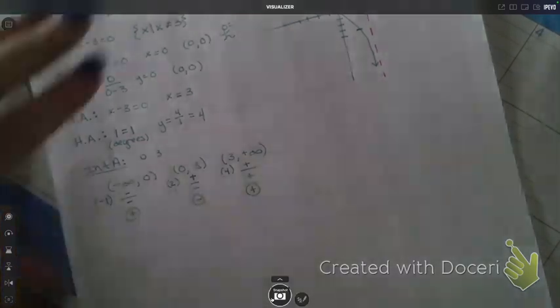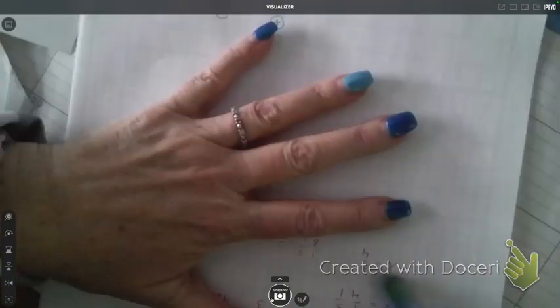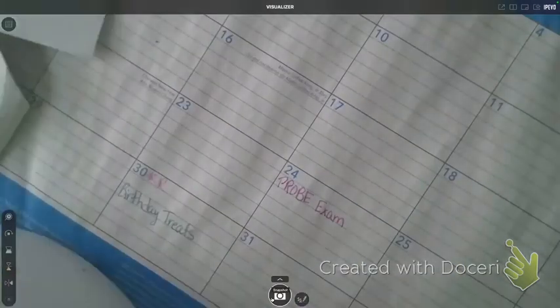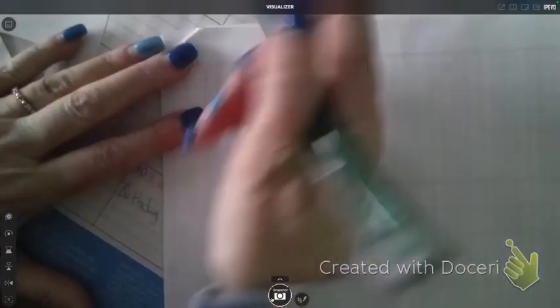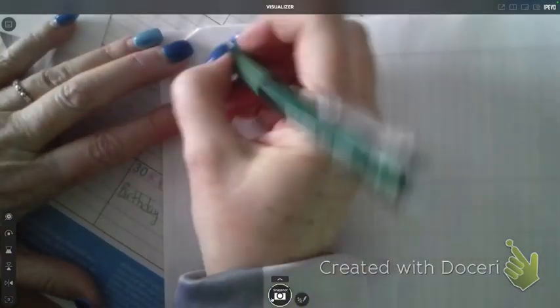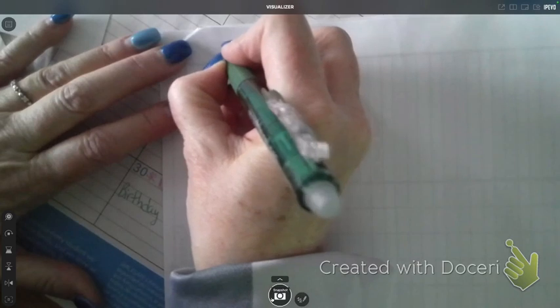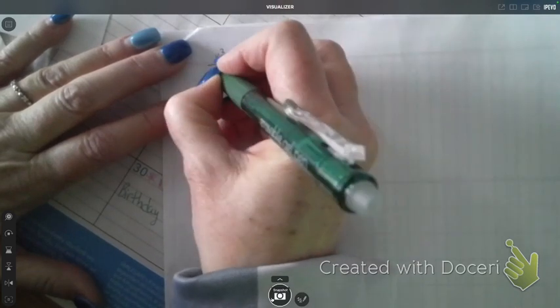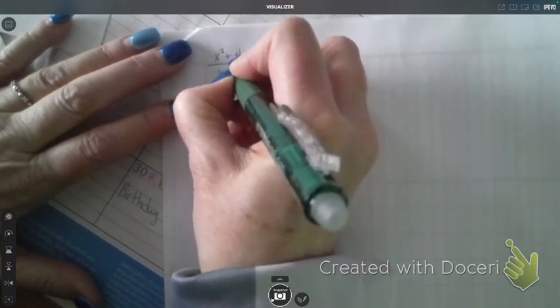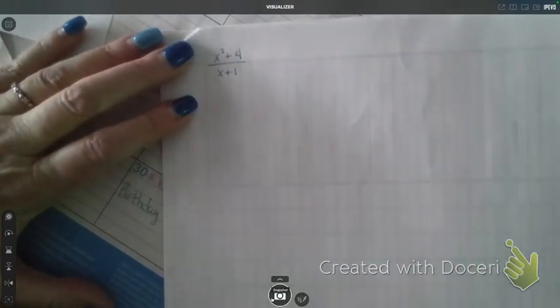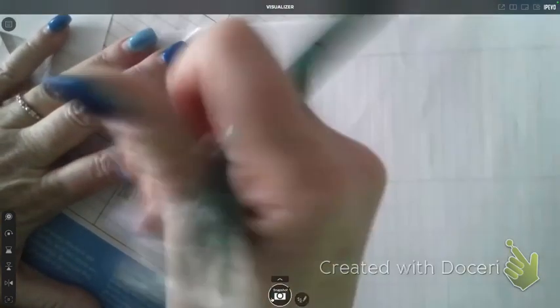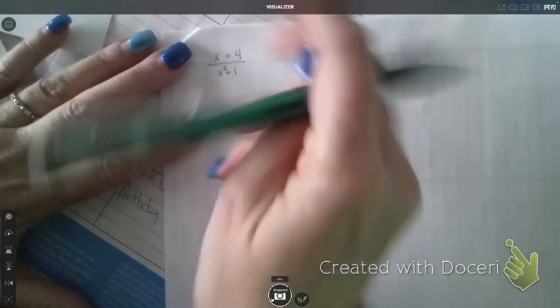Okay, x plus 4... sorry. X squared plus 4 over x plus 1. Is that right? Oh, I didn't say, squared is on the bottom, not the top. X plus 4 over x squared plus 1.